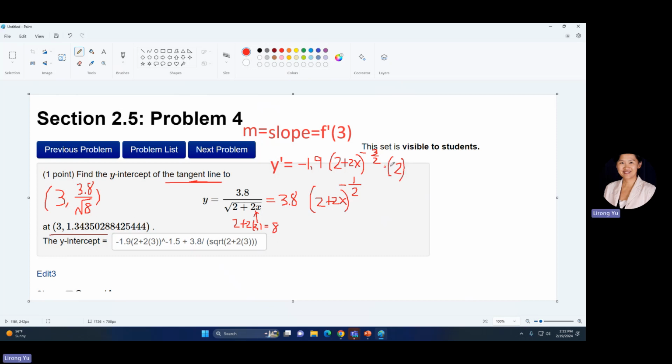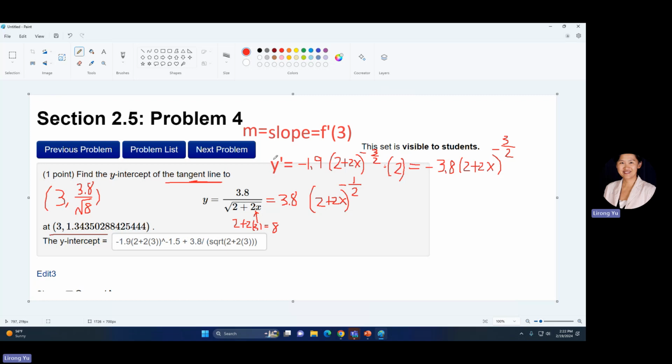And that finishes the whole differentiation. Okay, so after we've done that, you realize that there's a negative 1.9 and a 2. We move it out to the front, it's negative 3.8 times 2 plus 2x to the power of negative 3/2.